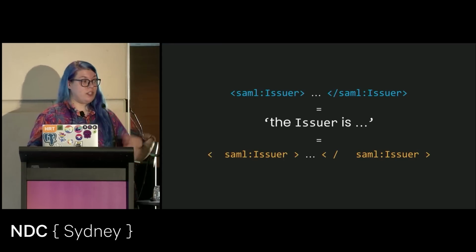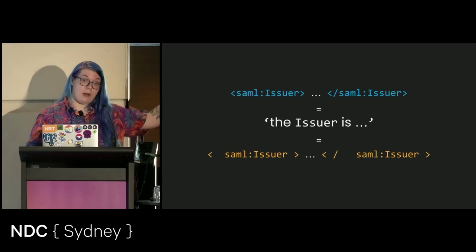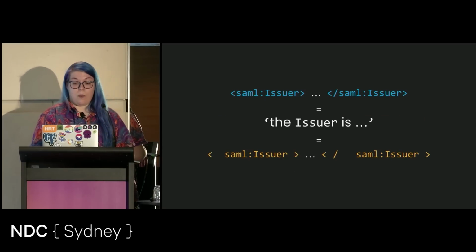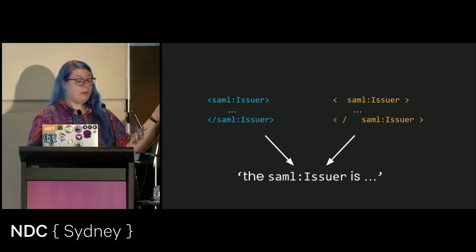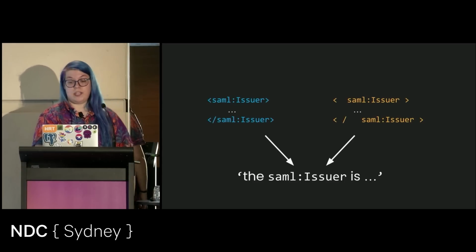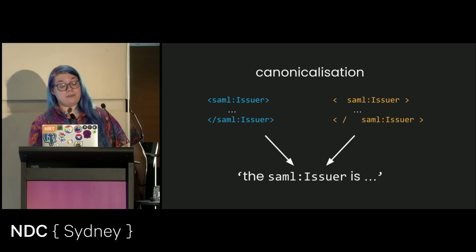But if I were to sign these cryptographically, I would come out with two separate values. And that means that it could be parsed differently by people on the other end. What we need to do is we need to find some way of looking at these two pieces of SAML and extracting the semantic meaning of them. This process is called canonicalization.